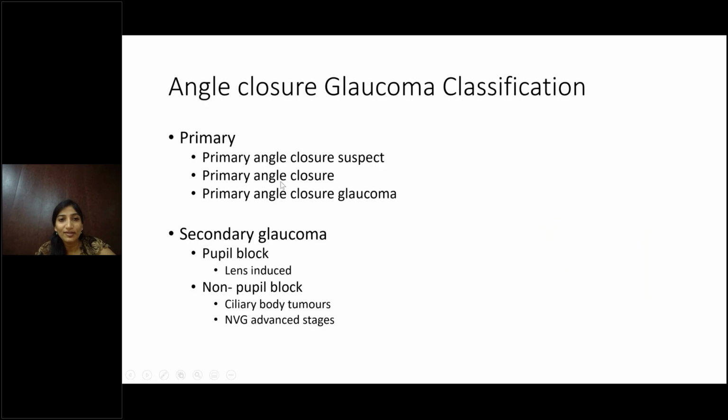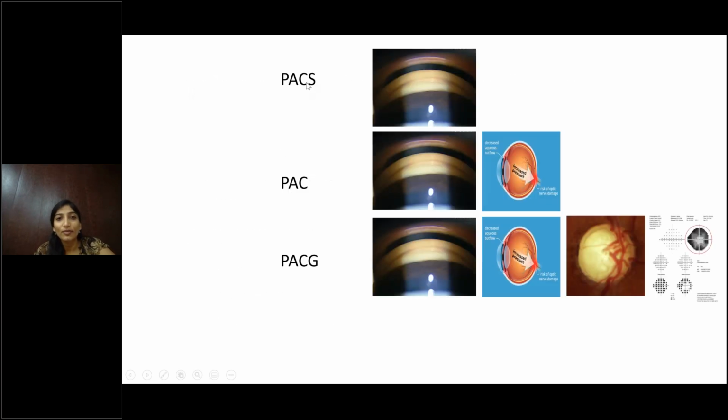Now we talked about these three angle closure categories. How are they different? In primary angle closure suspect, the angles are closed on gonioscopy, but this has not caused an increase in the IOP or disc damage. Only angle closed on gonioscopy with no other damage is angle closure suspect. Whereas in primary angle closure, angles are closed on gonioscopy and the IOP is rising, but it has still not caused any disc damage or field damage.